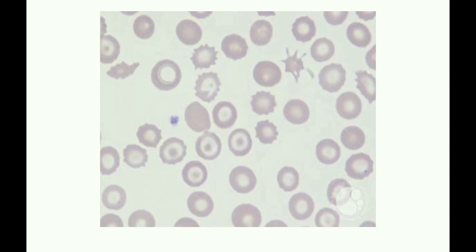Here you can see it's just like a target. I mean, the hemoglobin is redistributed in such a way that only the peripheral region and the central region of the RBC appear with hemoglobin. In between you have a pale area, so it resembles a target. These target cells you can see in thalassemia major, sickle cell anemia, etc.